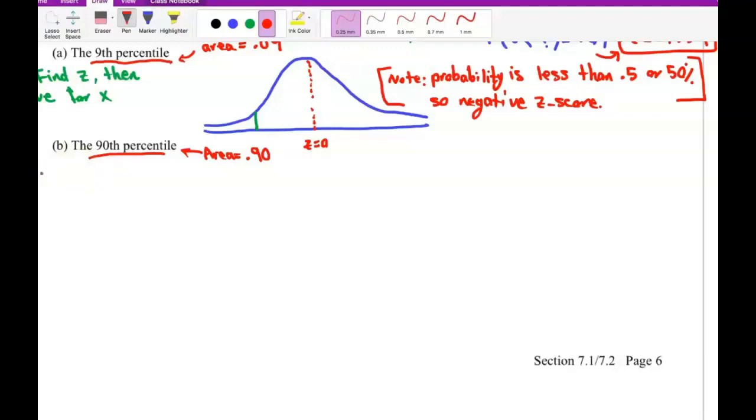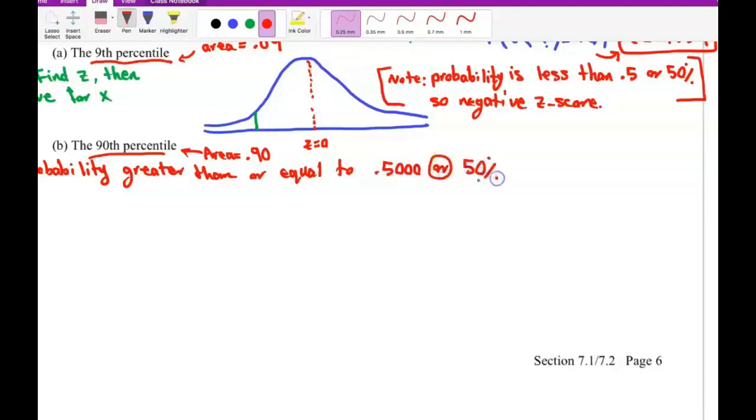But that means the z-score is a positive number. So probability greater than or equal to 0.5 or 50%. What that means, use a positive z-score.